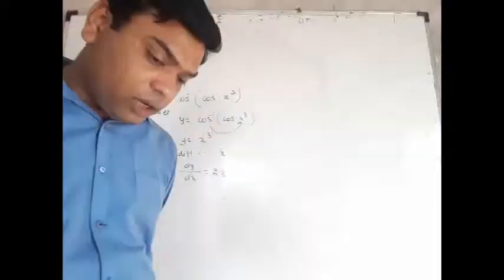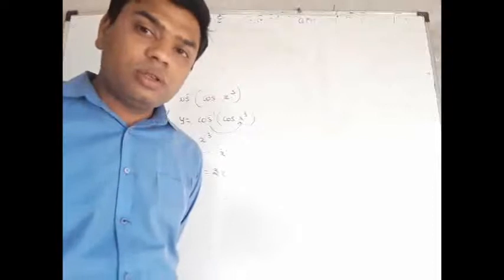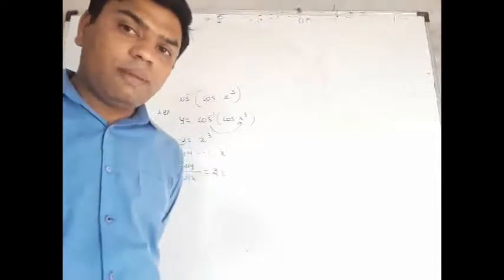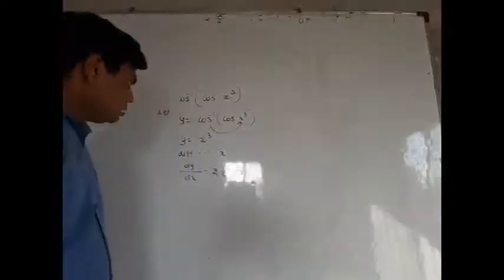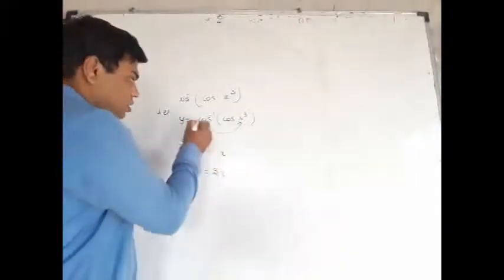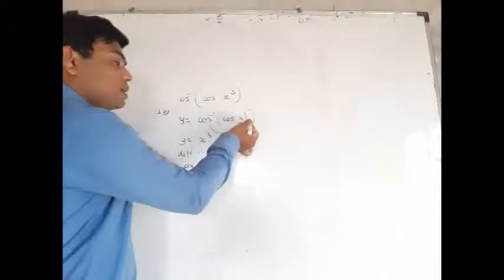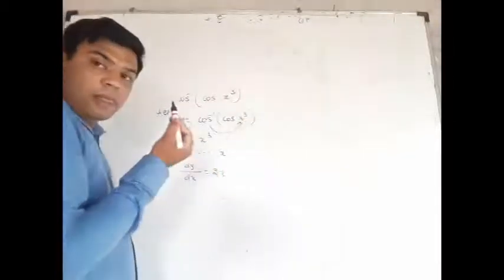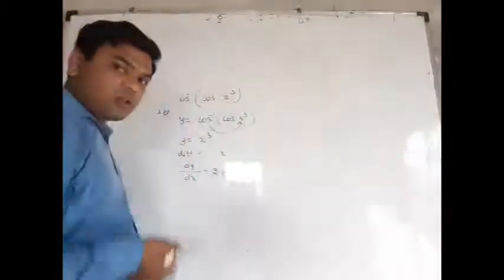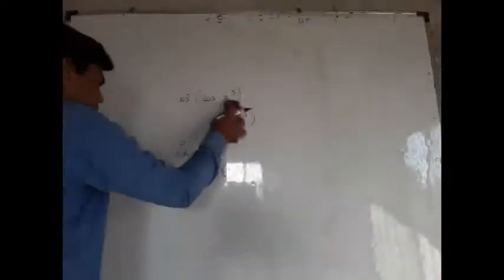Like that way we can solve more examples, or these are the fundamental examples. Cos inverse of cos theta is theta, like that way cos inverse of cos x cube is x cube. Then we can solve number of examples. We are going to take also one example.